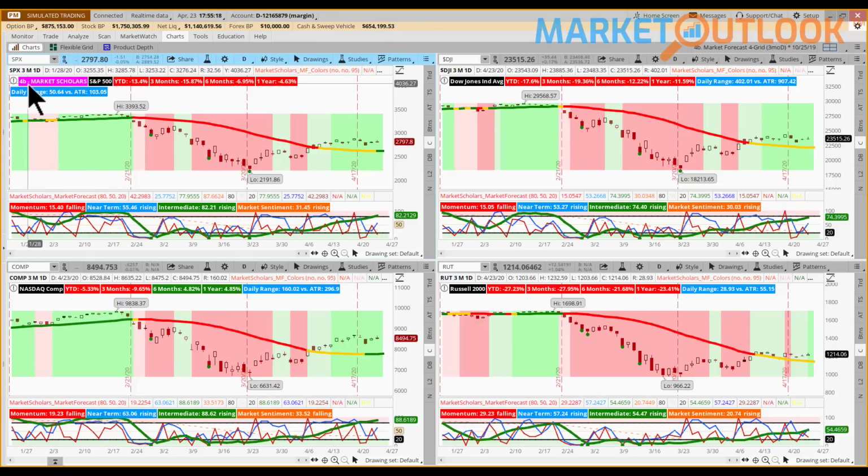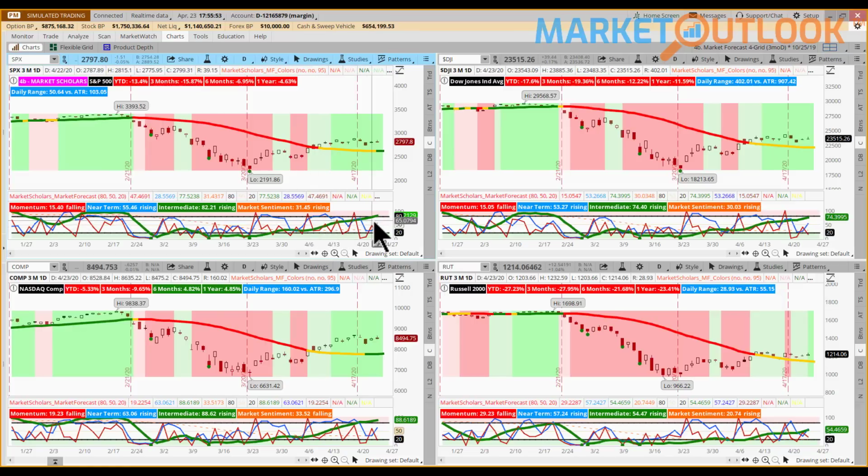As you can see, I've got chart 4B pulled up here in front of us, which will give us a four-grid that can give us a general sense of how the market forecast technical indicator is positioning each of these charts. Now remember, the background colors of the charts will signify whether we have a bullish or bearish market forecast posture. Now, the market forecast technical indicator is a resource that you can find over on the Thinkorswim platform with TD Ameritrade. So you're not going to find that with other brokers, but it is an interesting way to help you establish your posture.